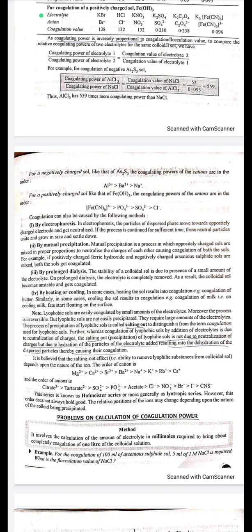This series is known as the Hofmeister series, or more generally as the lyotropic series. However, this order does not always hold good. The relative positions of the ions may change depending upon the nature of the colloid being precipitated.